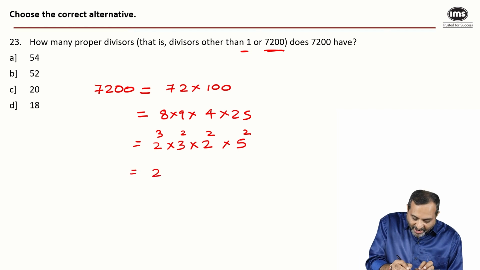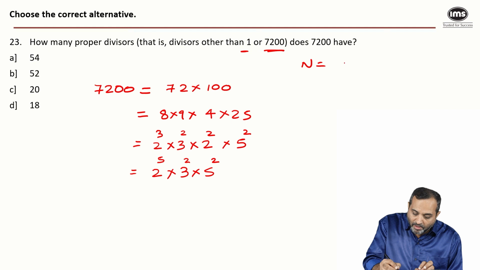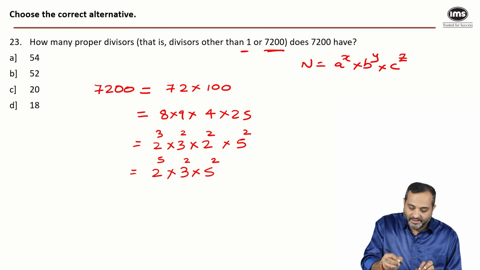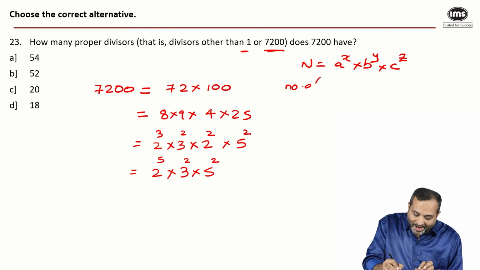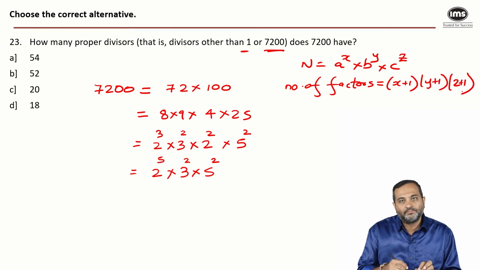So I can finally write this as 2 raised to 5 into 3 square into 5 square. Now I'm sure you know that if my number is of the form a raised to x into b raised to y into c raised to z, then the number of factors is given by x plus 1 into y plus 1 into z plus 1.